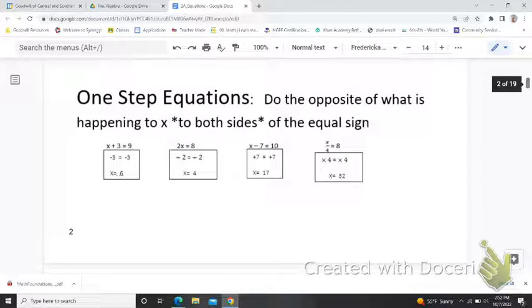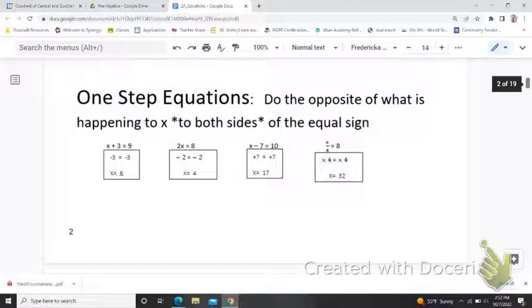So, as I mentioned before, you may think of this in different ways. You may already have a system that works pretty well for you if you've done this before. I always appreciate seeing how different people have learned to do it, but if this is new to you, I would suggest that you always think of the equation like you have to keep it in balance.